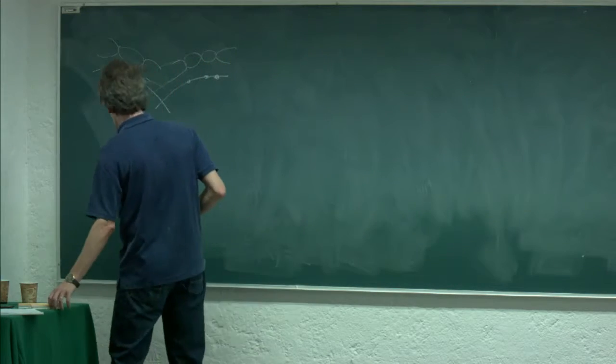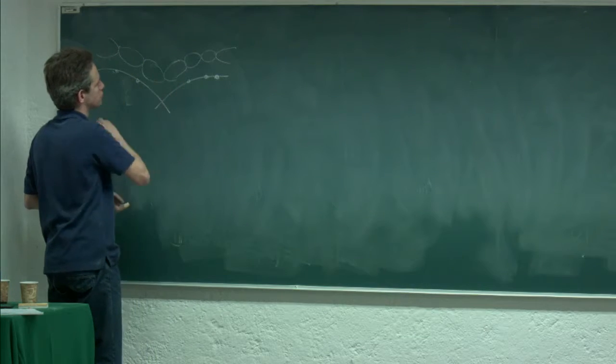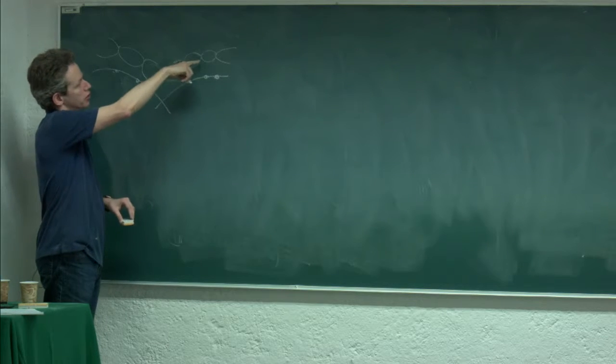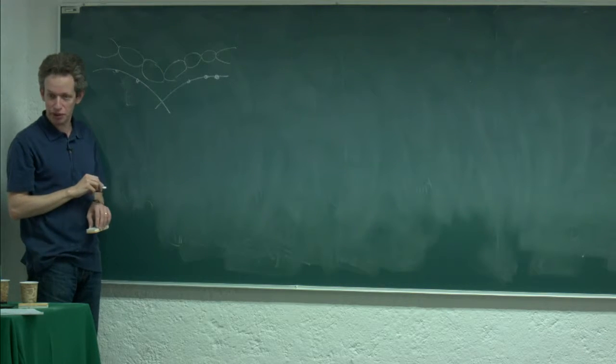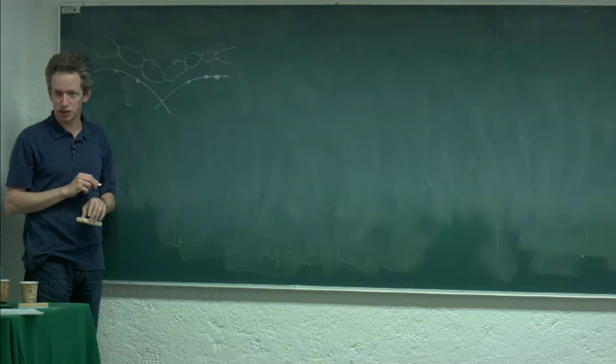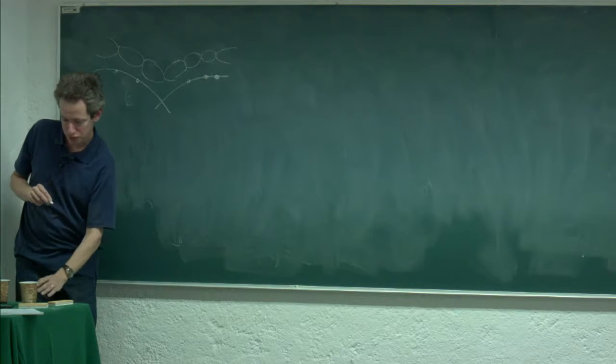I could try to branch like this, in which case on the right, I have a double cover of P1 branching at 4 points, and I'm happy. On the left, I'll have a double cover of P1 branching at 3 points, which is also not good. Okay, so what can we do?